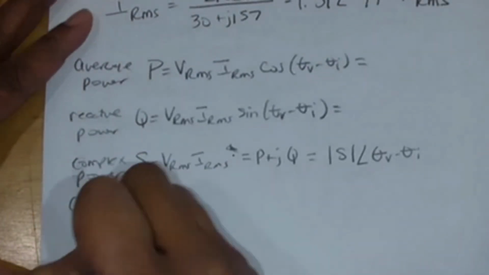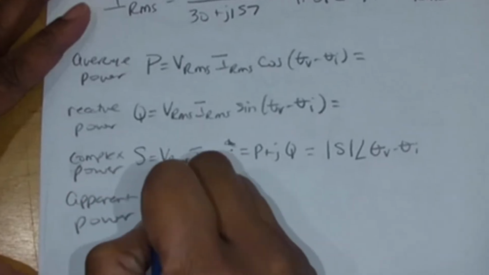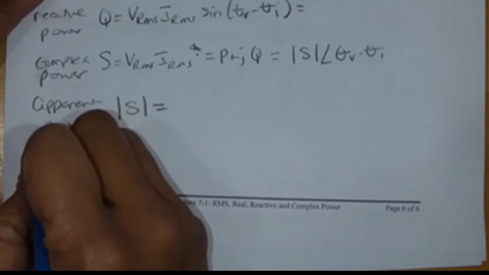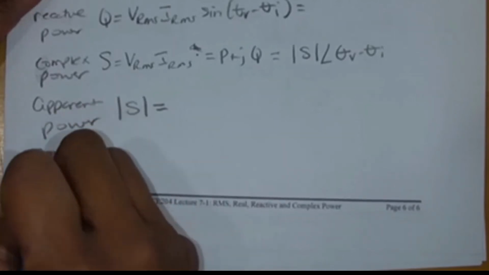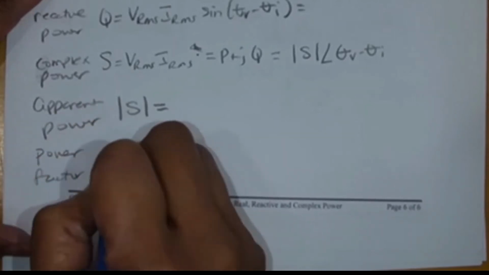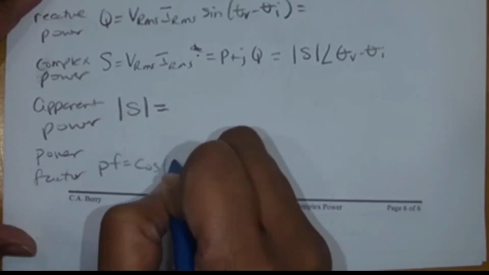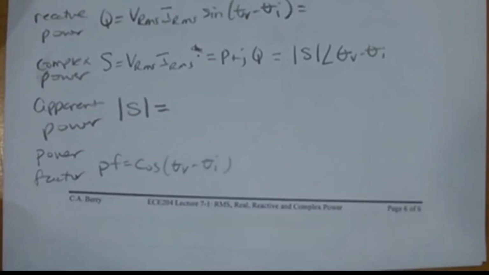The apparent power is the magnitude of S. And the power factor is the cosine of theta V minus theta I. So those are all the values we could find here: average power, reactive power, complex power, apparent power, and the power factor.